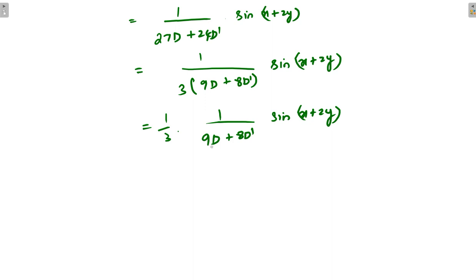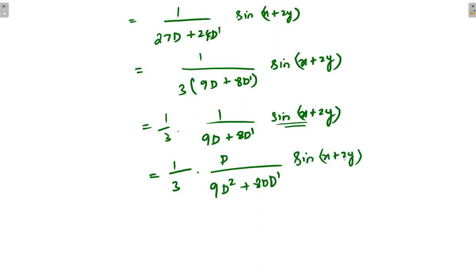So here you should not apply the values for D and D dash while sine x plus 2y is coming. That means a trigonometric function is coming. So which is equal to 1 by 3 into, if you multiply, you may get 9D square plus 8D D dash, sine x plus 2y.